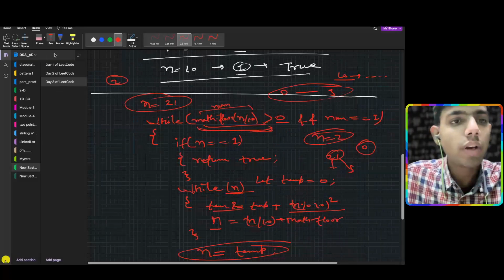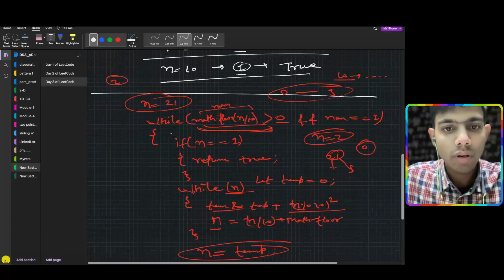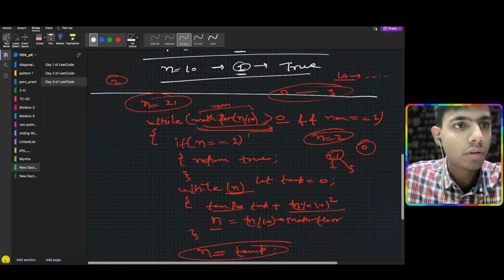I think what we can do is we can cut this portion out.